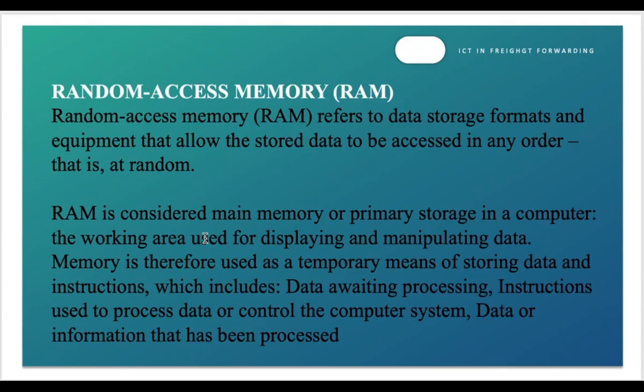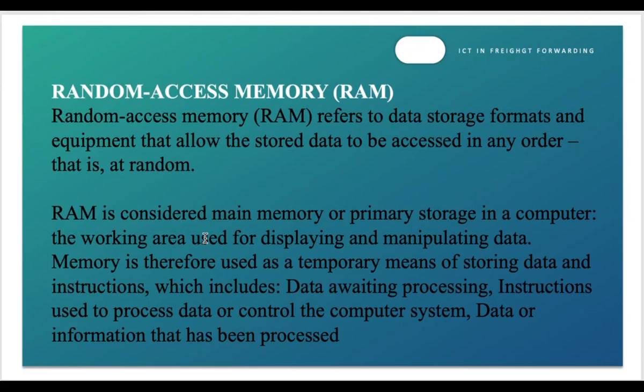It is interesting to note that the memory on the RAM is used as a temporary means of storing data and instructions. Okay? Please be mindful of the word temporary, so that at any point in time, you could easily lose that memory.